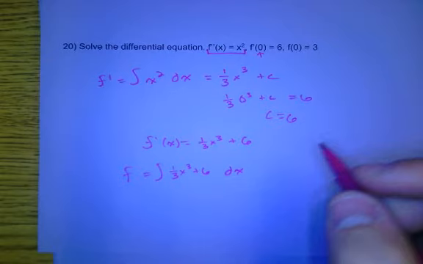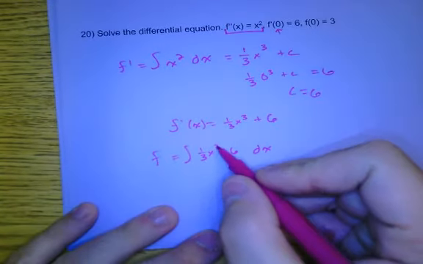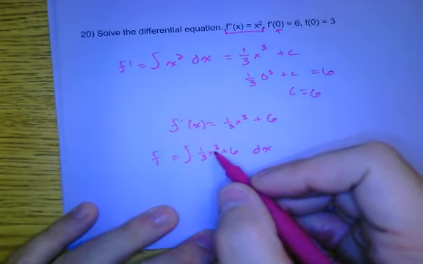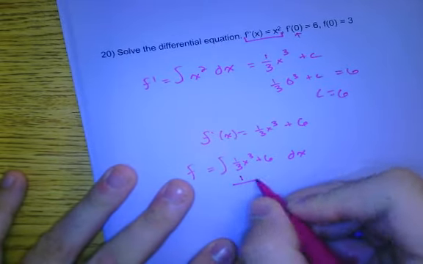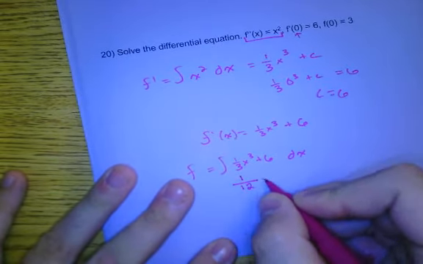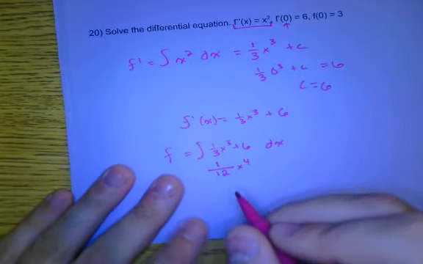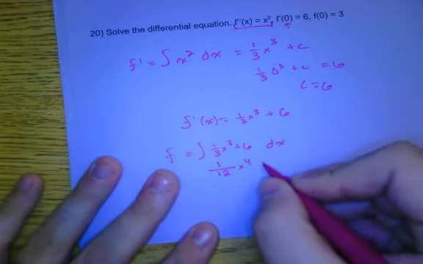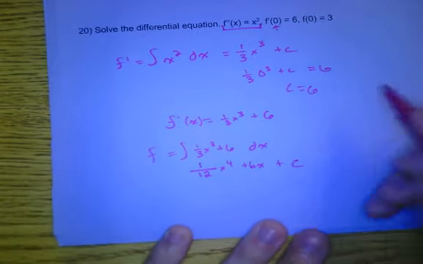What are we getting for the first one? Add 1 to its exponent, x to the fourth, and multiply by 1/4, which is 1/12 x to the fourth plus 6x plus c.